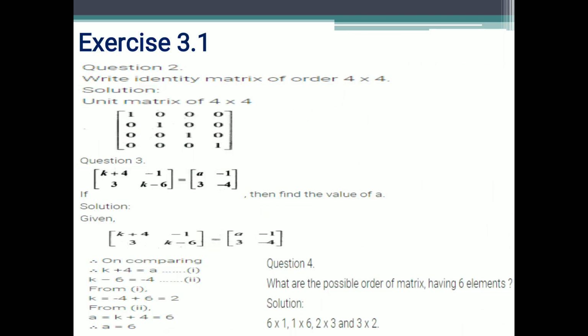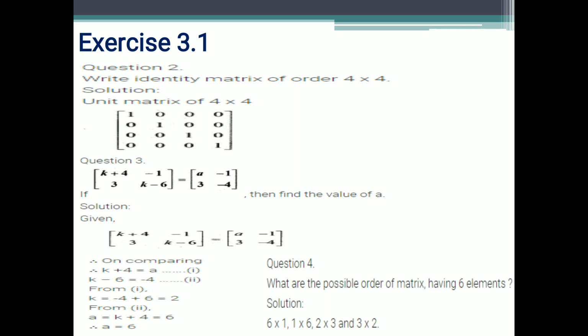Now I have given questions related to exercise 3.1. Question number 2 says write identity matrix of order 4 cross 4. That means there will be 4 rows and 4 columns. But it says identity matrix, that means only the diagonal part will be 1. I have already explained what an identity matrix is.